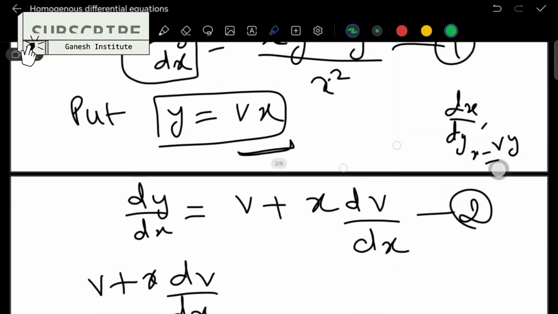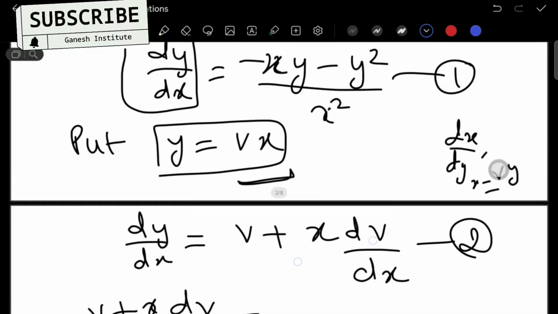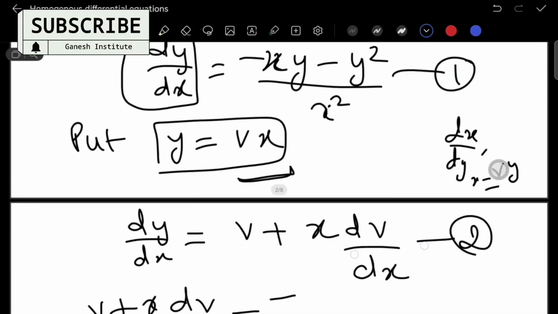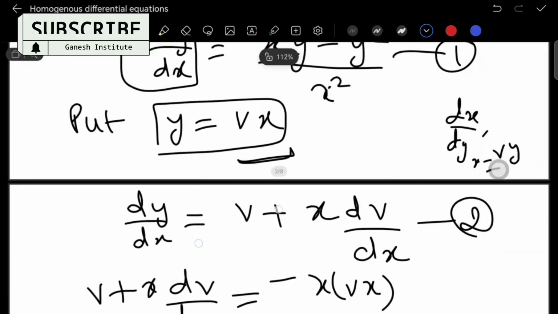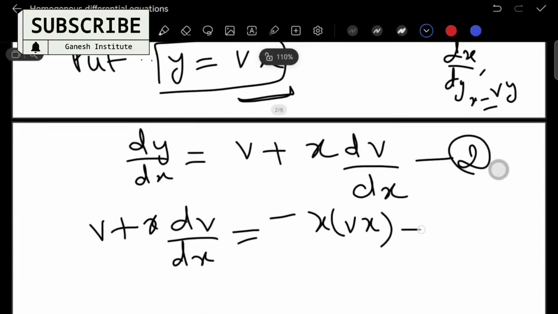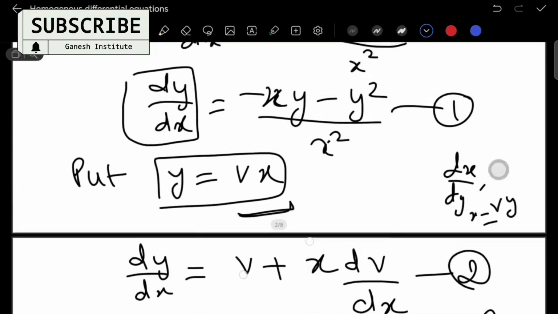Okay, so let's do it. Here equals minus xy. So x, y is, according to our assumption, vx, minus y square, that is (vx) whole square, divided by x square.